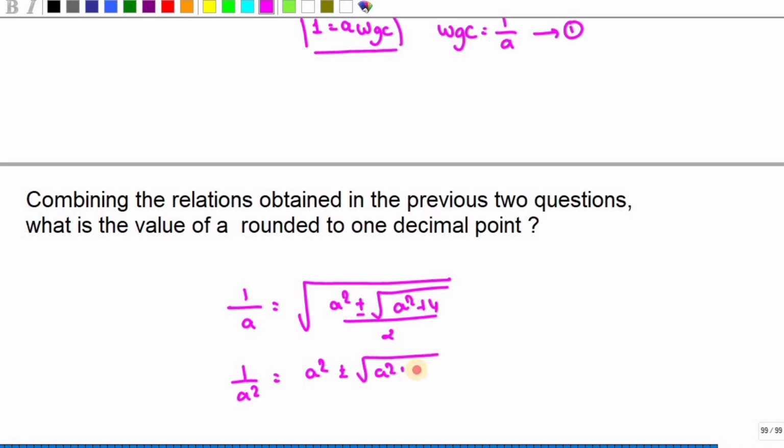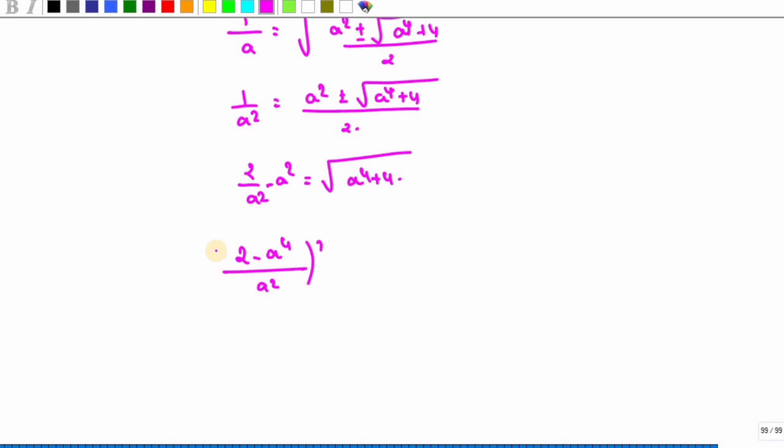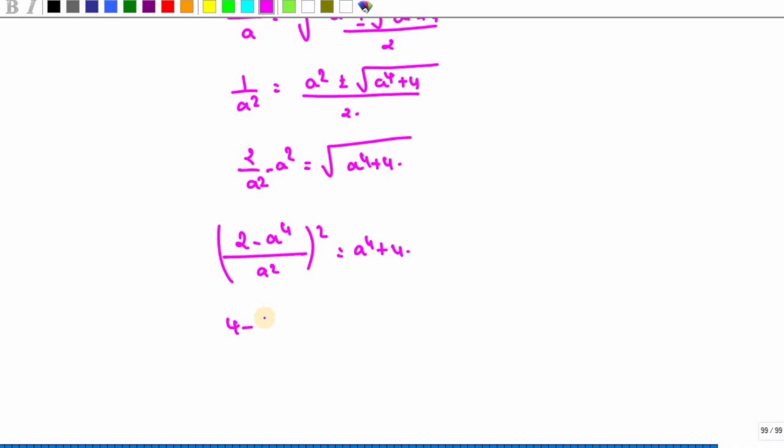So I can write (2 − a⁴) divided by a², the whole square, is equal to a⁴ + 4. Now I can expand this term: (4 − 4a⁴ + a⁸) divided by a⁴ is equal to a⁴ + 4.